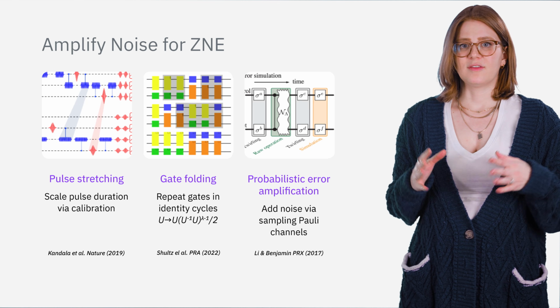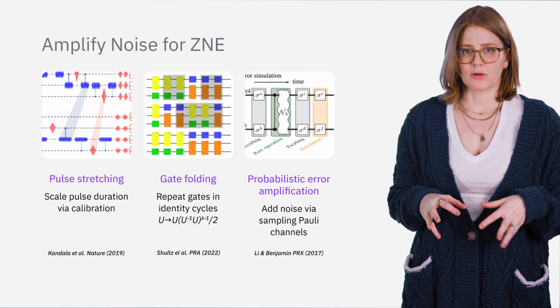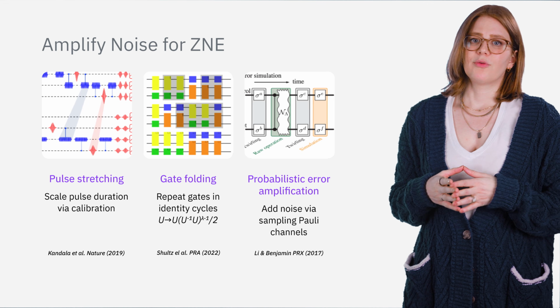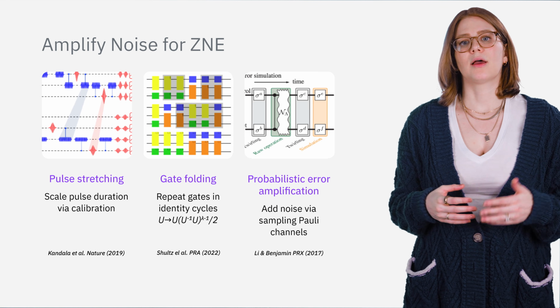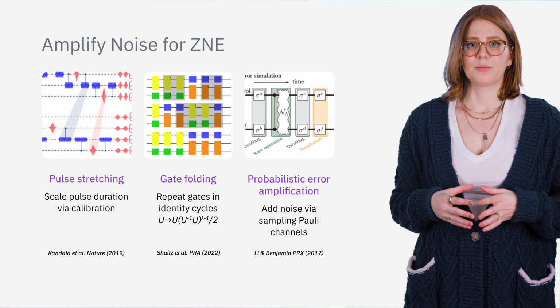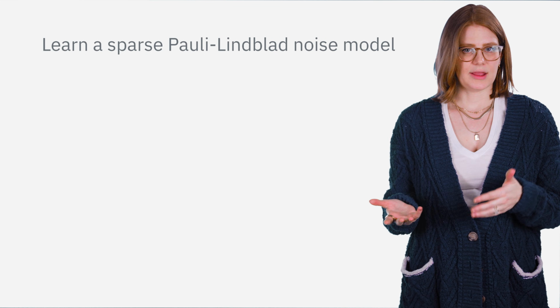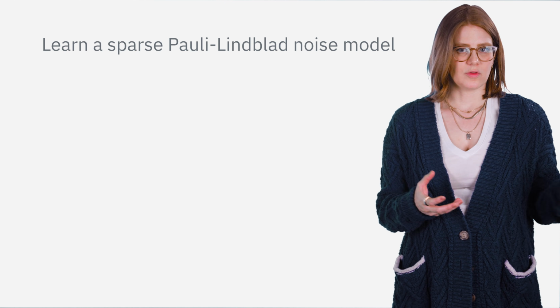PEA assumes the same layer-based noise model as probabilistic error cancellation. However, it avoids the sampling overhead that scales exponentially with the circuit noise. To learn the noise model, we must first identify the unique layers of 2-qubit operations in the circuit.